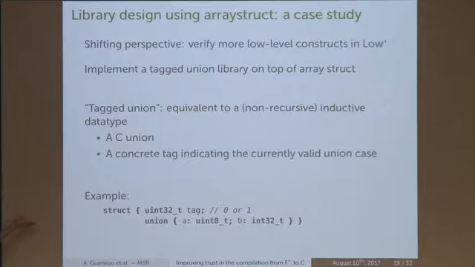It's a C union and then some concrete tag, which represents in which case of the union we currently are. So for example, this is a tagged union. It's a struct with a tag, which implicitly will only be 0 or 1, and then a union with 2 fields. And then the tag value describes in which field we are.